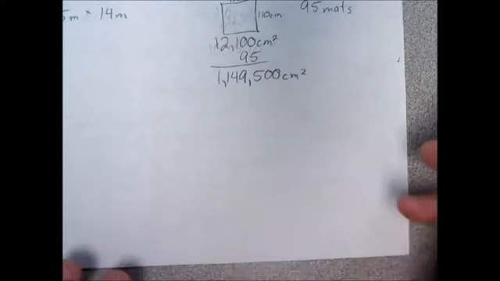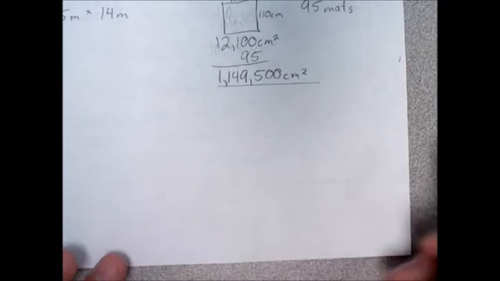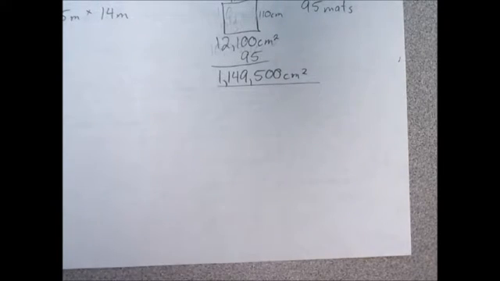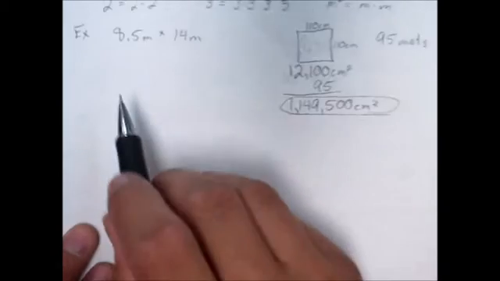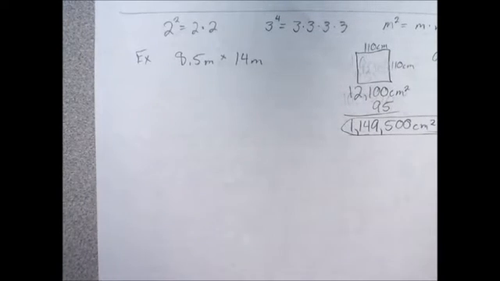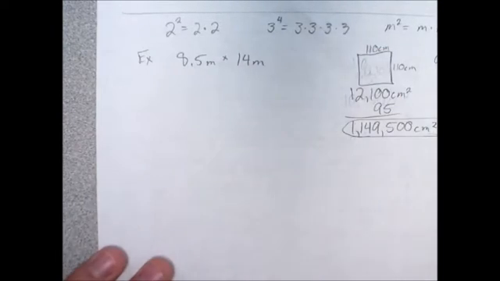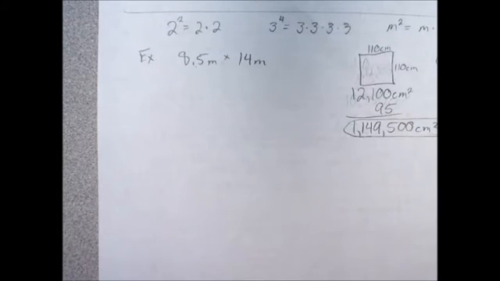Now I'm in a place where I can do something. So I'm going to need this number later, and I'll convert it here in a minute. So this is the total area that the mats do cover, and I need to find out how much area I need to get covered. So I can do one of two things. I can convert these beforehand, as in take them from meters to centimeters right away, and then find the area, which is probably easier for most of you.